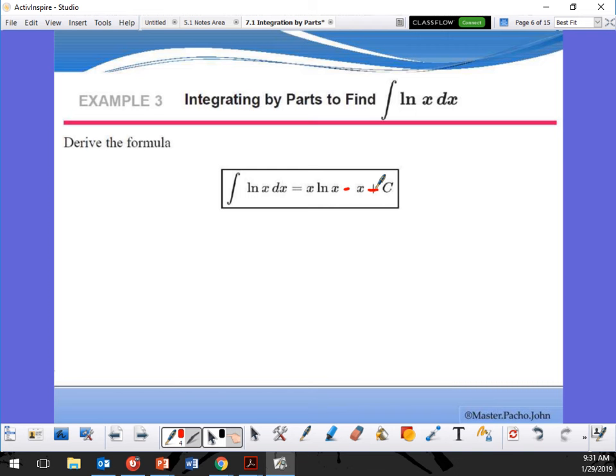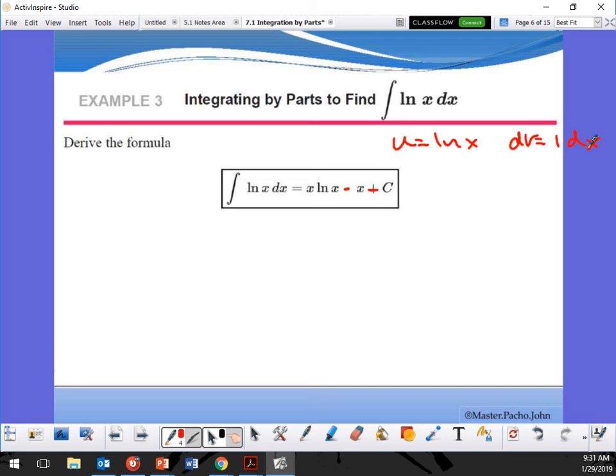So I could say that u is equal to ln x. And then what would I do for my dv? My dv would be what? It equals 1, and that would be my dx, right? So it's going to be my 1 dx.